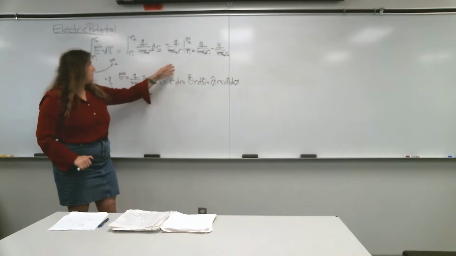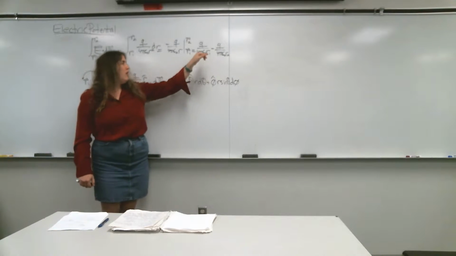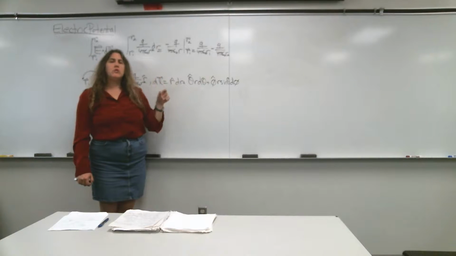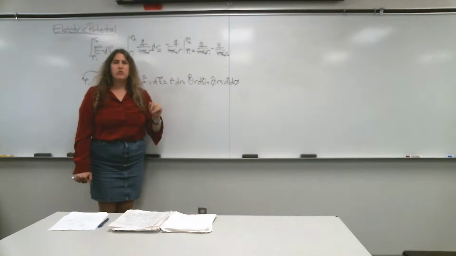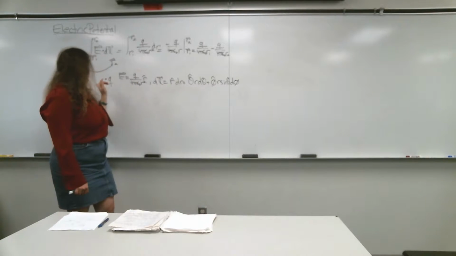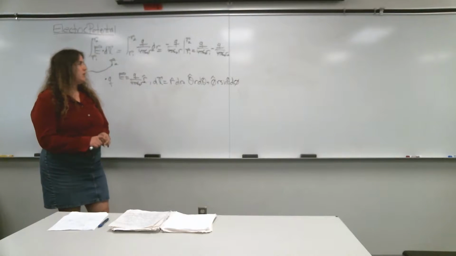I want to get the result that I get a scalar, of course, and that my integral is just equal to the difference between two scalar quantities, one evaluated at R1 and one evaluated at R2.